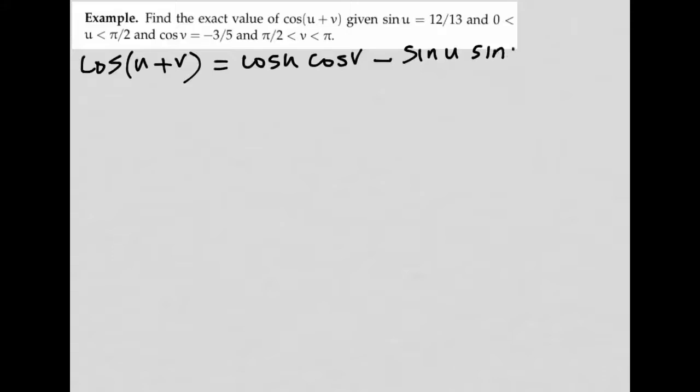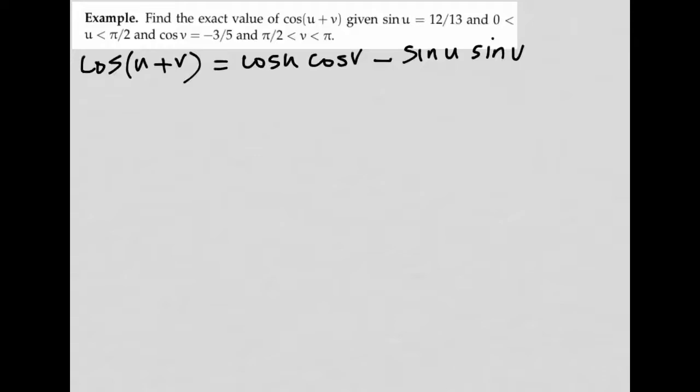So let's write the addition formula for cosine of u plus v. Cosine u plus v is cosine u times cosine v minus sine u times sine v.